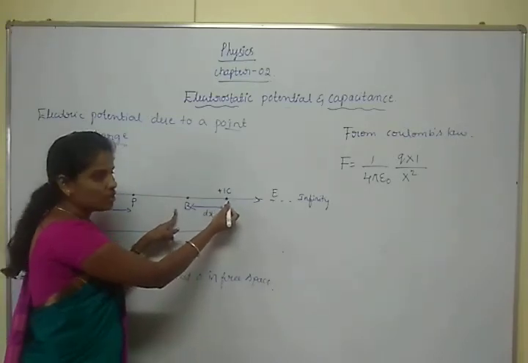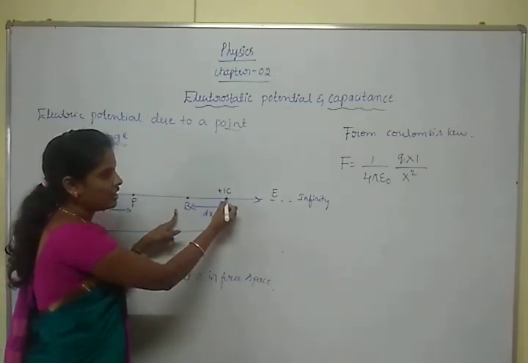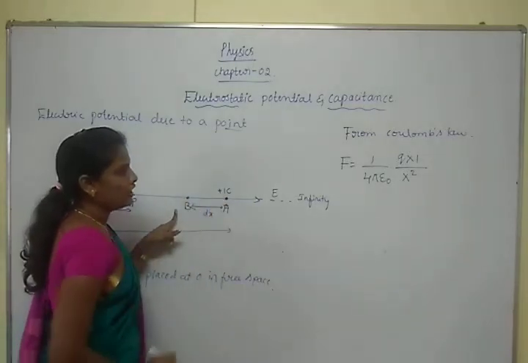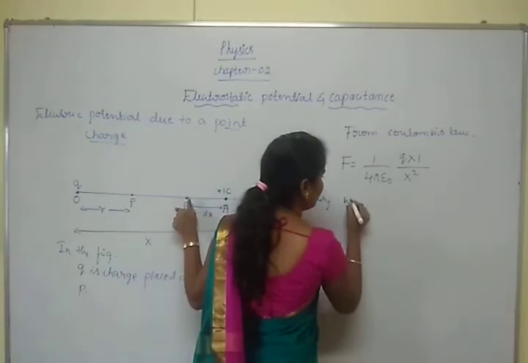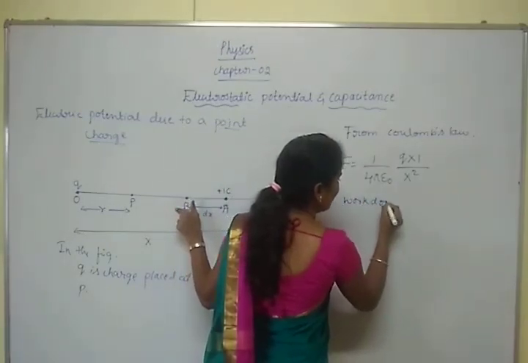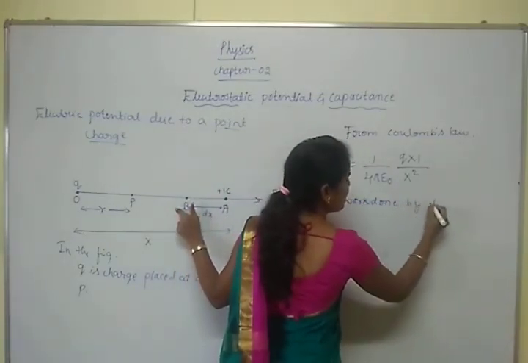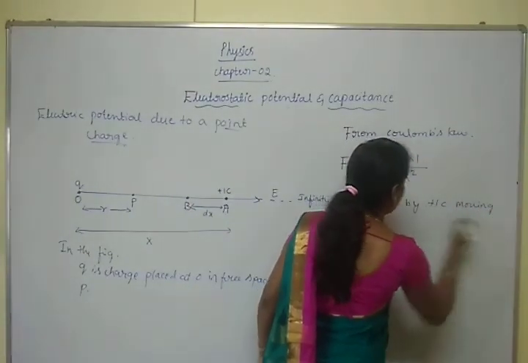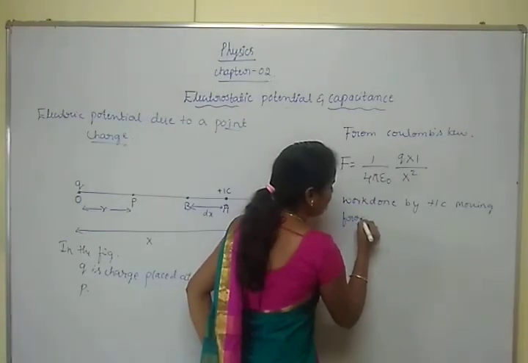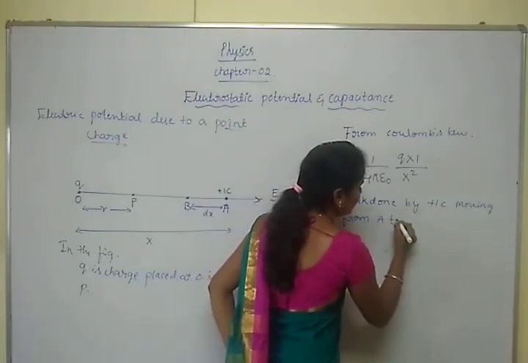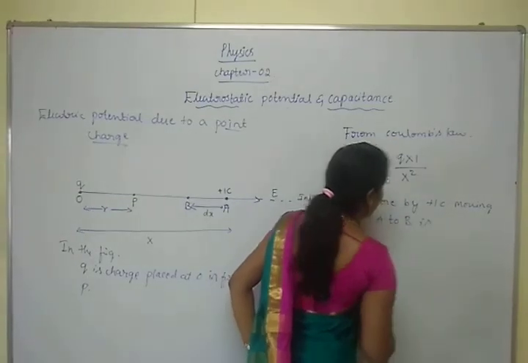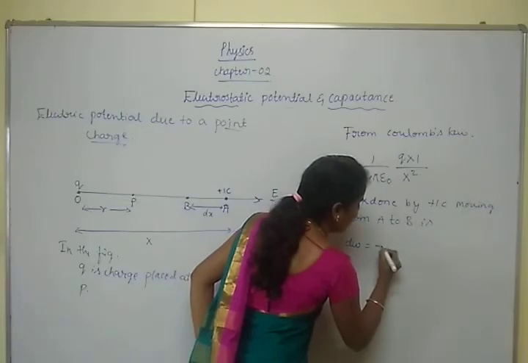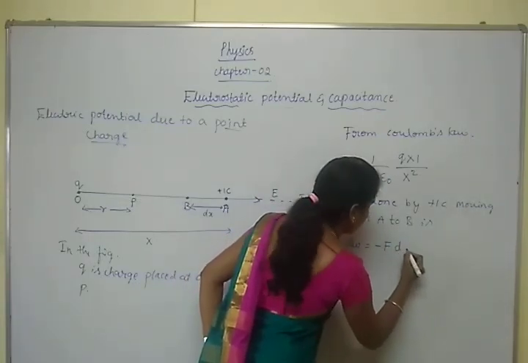The work done by a unit positive charge moving from A to B is given by dW equals minus F dx.